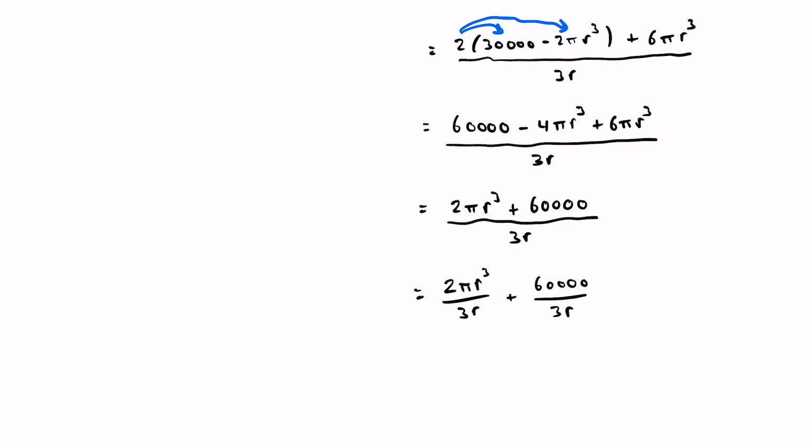And now let's simplify again. Here we have an r on the bottom, and that will reduce r cubed just to r squared. 2 pi r squared over 3.